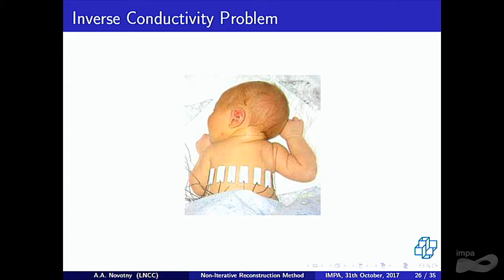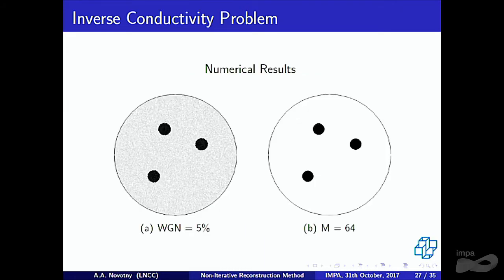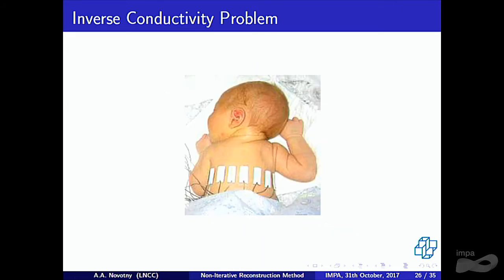We can see here there is an electrode of injection, another one to drain the electrical flux, and the other electrodes are used to measure the potential on the boundary. And from this information, we try to detect some anomaly or something like that.